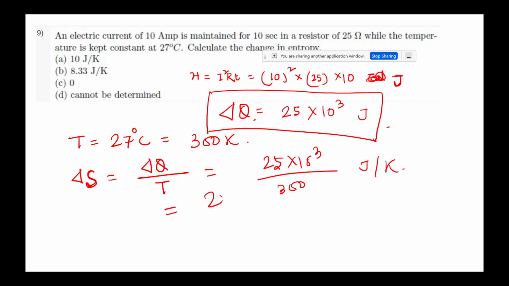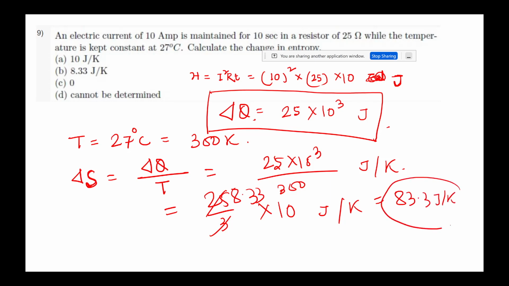So this will be 25 by 3 into 10 joule per Kelvin. So this is 8.33. But if that is the thing, this will be 83.3 joule per Kelvin. So in that case, no other option is coming out to be true. But there should be some error.